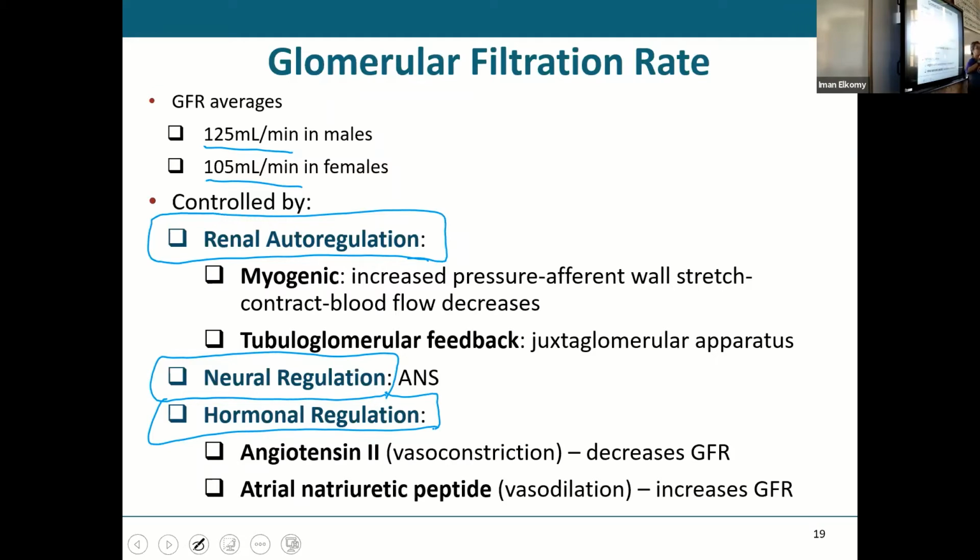Two types of autoregulation for GFR in the kidneys. Myogenic, the word myo comes from muscle. So the myogenic autoregulation says that when blood flow pressure is increased in that afferent arteriole, that's going to stretch the walls of those capillaries.